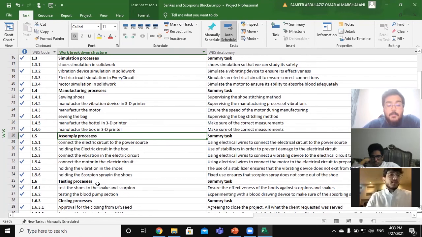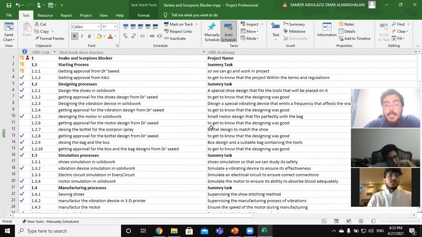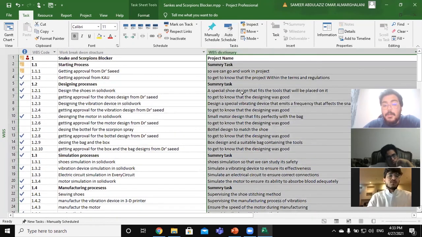And the sixth part is the testing process. Of course, we should test every element that we have in our project to make sure that it's working. Then we have the closing process or closing phase. And here, as you see, as I said before, the description for each task that we have in our project.